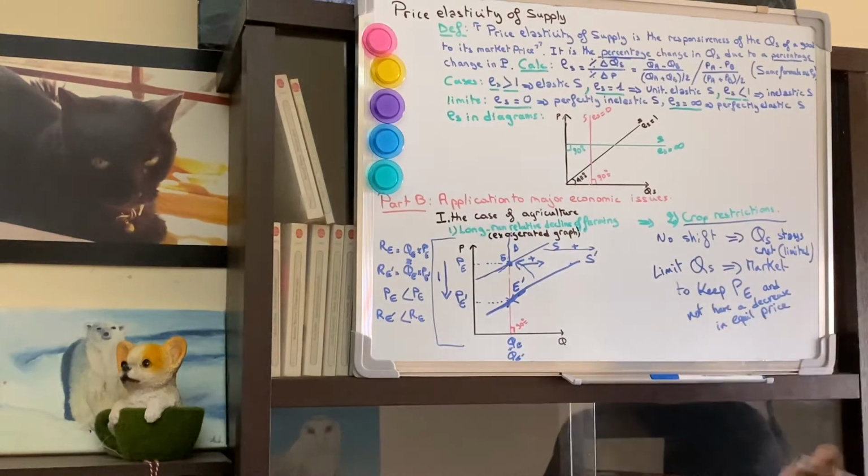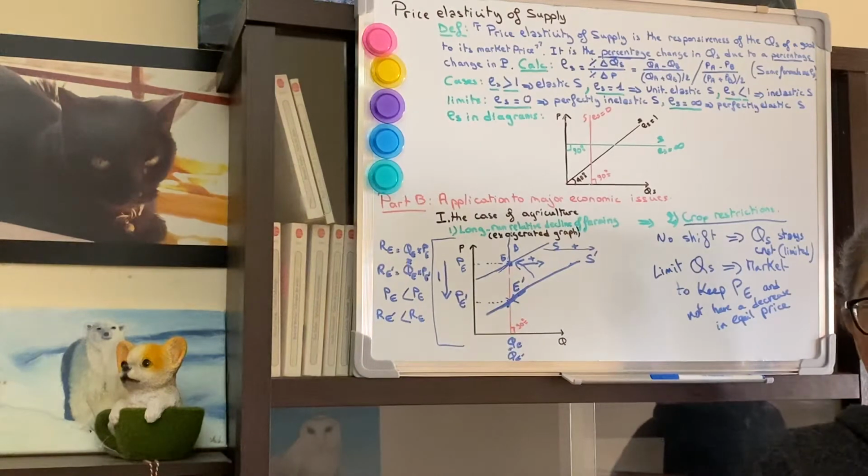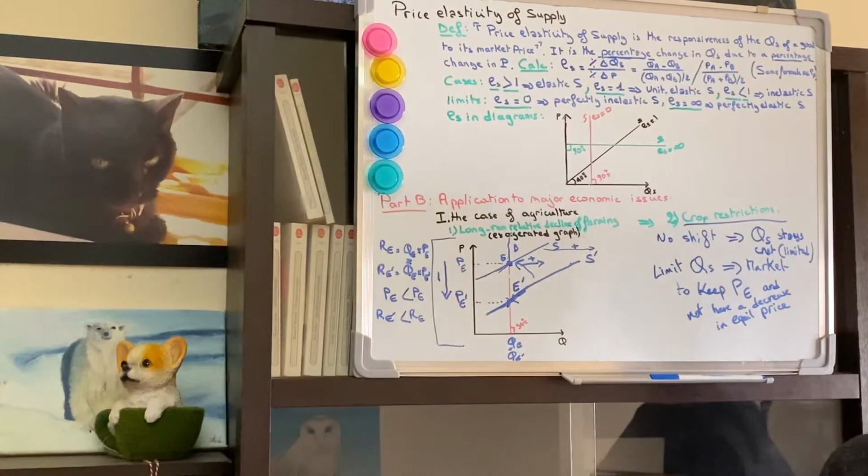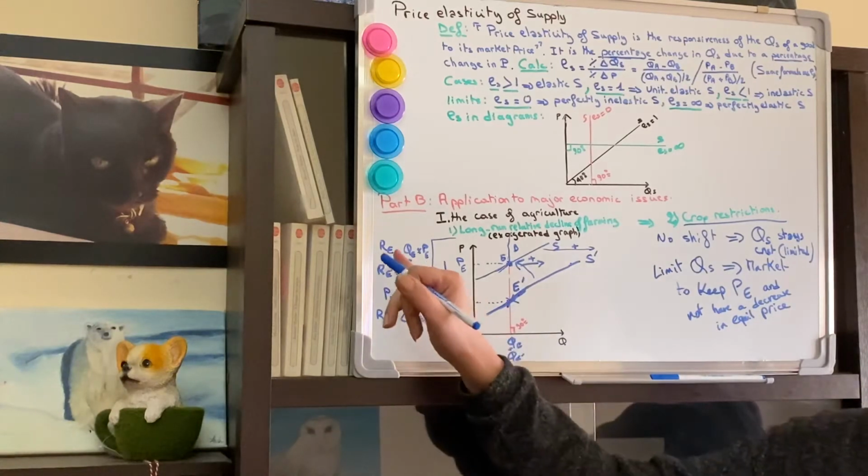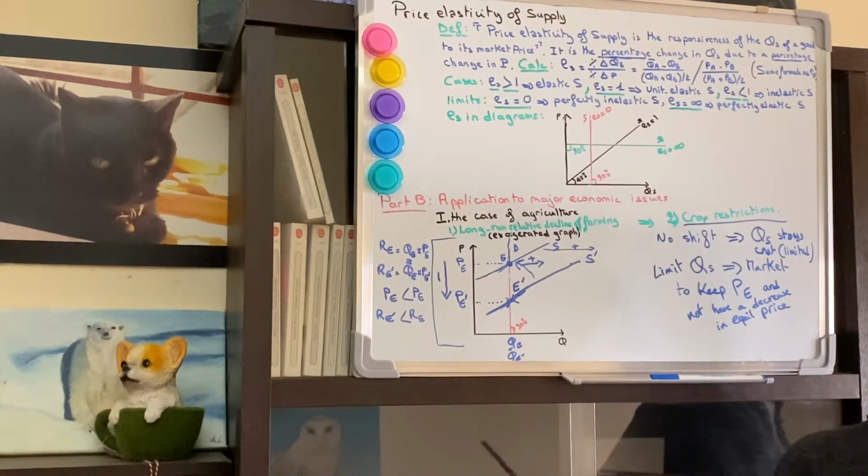I hope it's clear. I think you got the idea. We need the prices to stay here in order for the revenues to be back where suppliers are making some money. I'm going to move on now to another part.